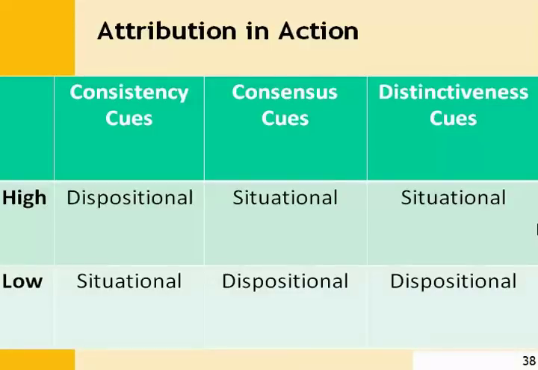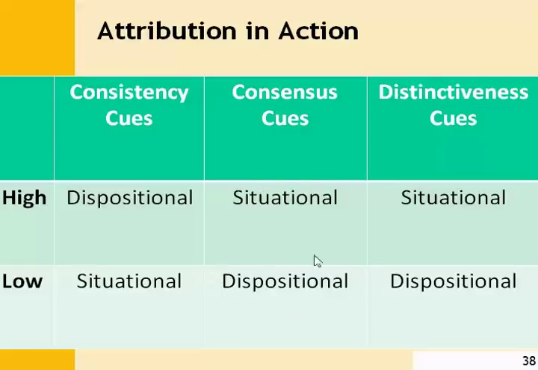If we want to make a summary of these cues, we find that if consistency is high, meaning the person engages in the behavior always, all the time, we say the cause is dispositional, but if there is low consistency, we say the cause is situational. Consensus is the opposite: if there is high consensus, meaning all people engaged in that specific behavior, then in this case the reason was situational.